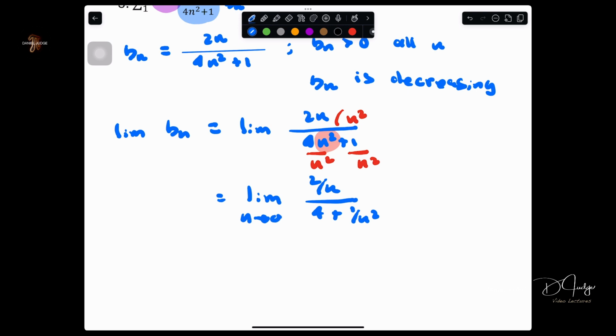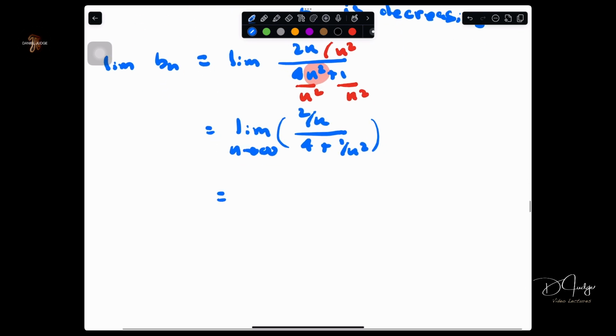We're going to look at the limit as n goes to infinity. By properties of limits, the numerator will go to 0 and 1 over n squared will go to 0, so we really have 0 over 4 plus 0, which will be 0.